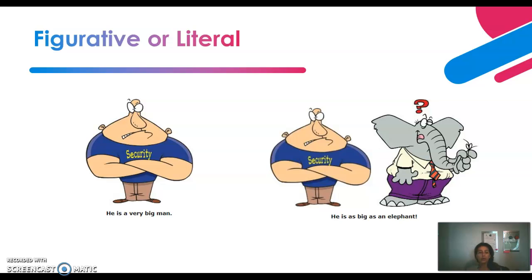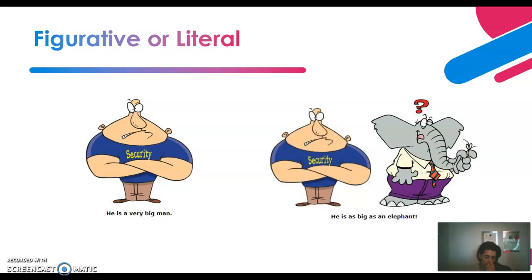All right, let's go with group 2 this time. All right, so what does your group and you think? Well, I think that the figurative one is that he is as big as an elephant because that's not really possible.